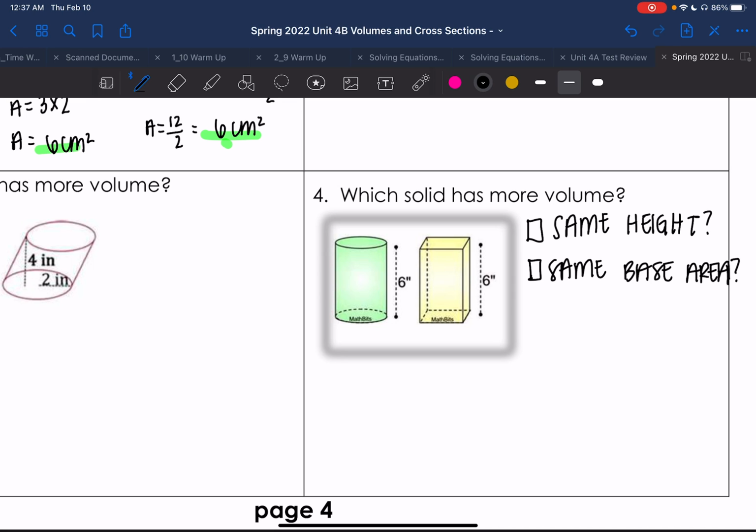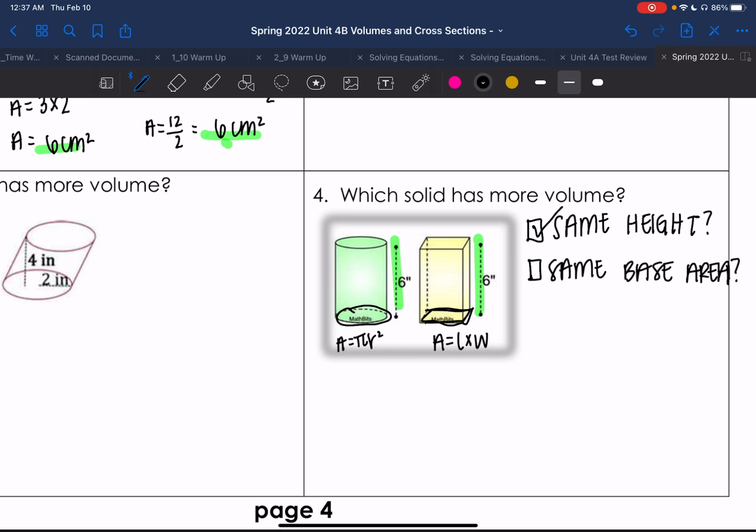On this diagram, they both have a height of 6 inches. So we can cross off one of our properties. Now we need to know, do they have the same base area? This is where we're stuck. We don't know the area of this circle because we don't have a radius, so we can't plug it into the area of a circle formula. And we only have the height, we don't have the length and the width of the square here, so we can't plug it into the length times width formula for a rectangle.